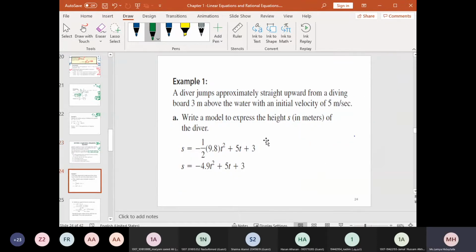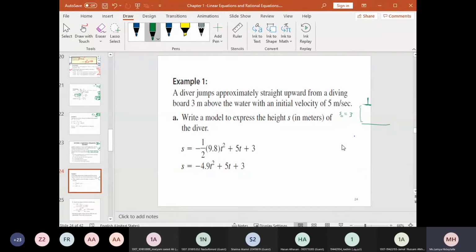Here there is an example. A diver jumps approximately straight upward from a diving board 3 meters above the water. So I have a board somewhere, and its height from the ground, this one, is S naught, so S naught is equal to 3. With initial velocity, he jumped upward.